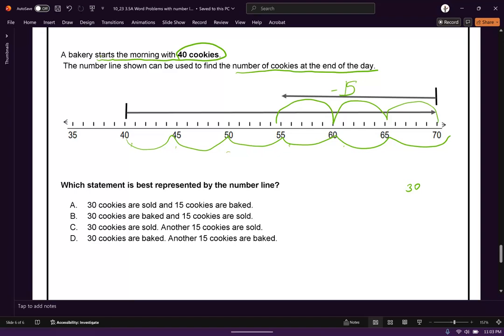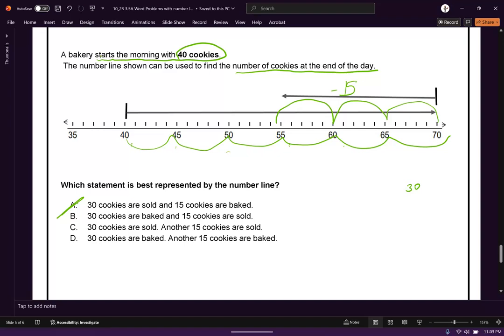So let's see which is correct. A, 30 cookies are sold. Wait a minute. We said they made 30 cookies, so that one's out. B, 30 cookies are baked. 15 cookies are sold. So this is that they made 30, yes, and 15 cookies were sold.